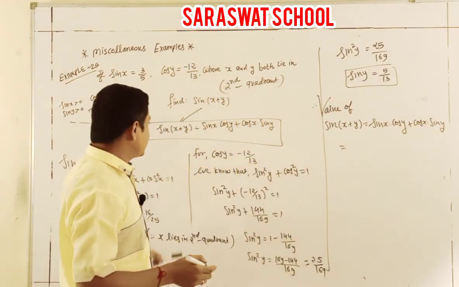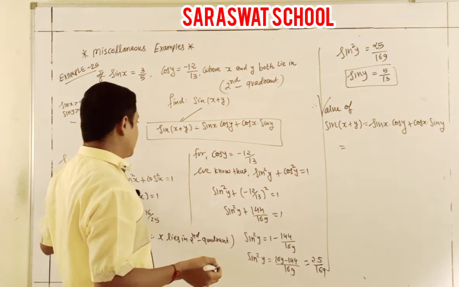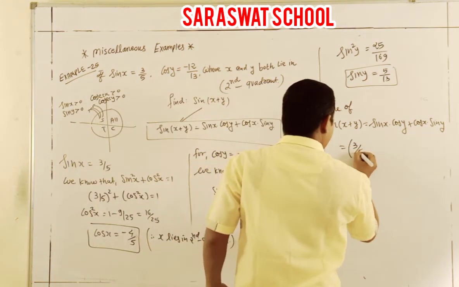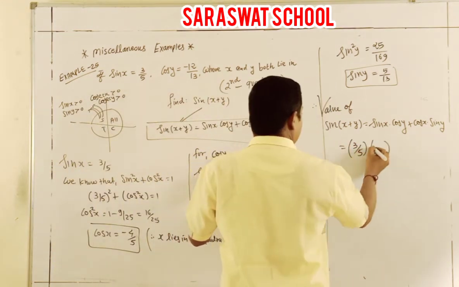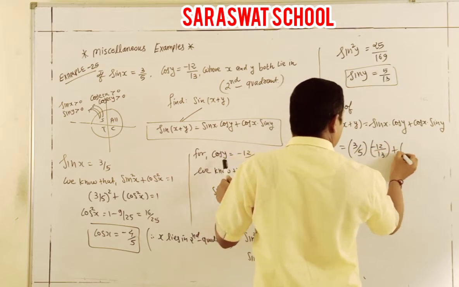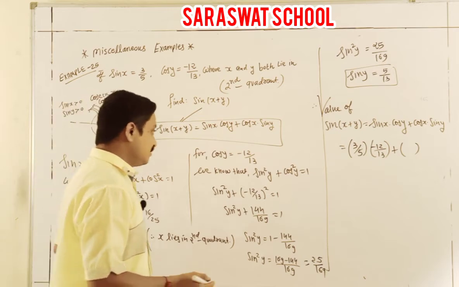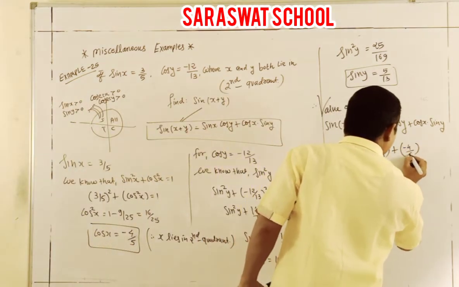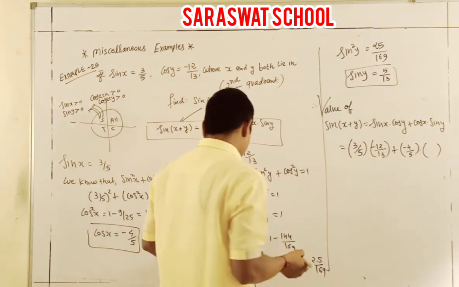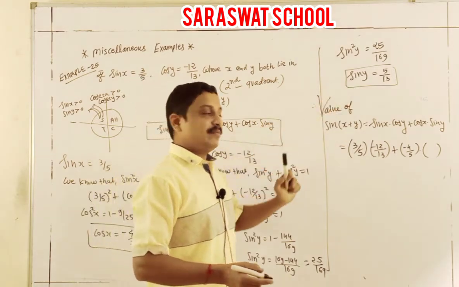Now putting in the values: sin x is 3 by 5, cos y is minus 12 by 13, cos x, where is cos x? This one, cos x is minus 4 by 5, and sin y, where is sin y? 5 by 13.